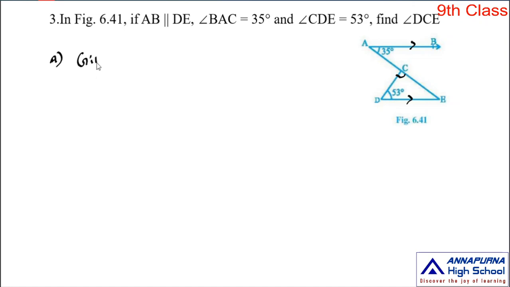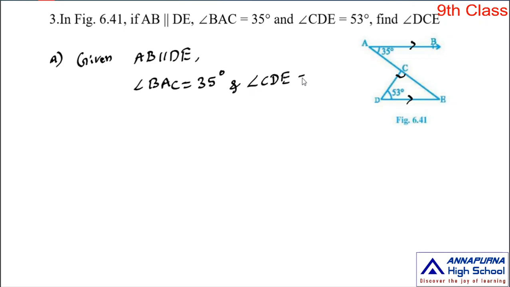Given AB is parallel to DE, angle BAC is equal to 35 degrees and angle CDE is equal to 53 degrees.